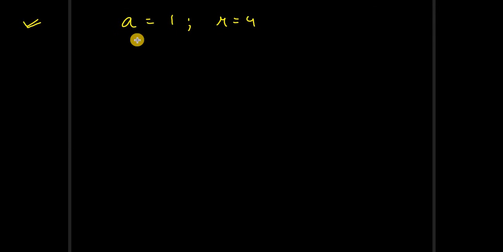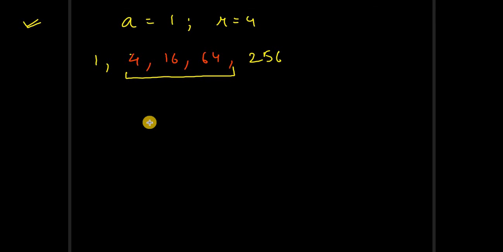So when r is 4, 1 into 4 will be 4, again 4 into 4 will be 16, 16 into 4 will be 64, and the last term that we know is 256, right? So we have inserted these three terms.